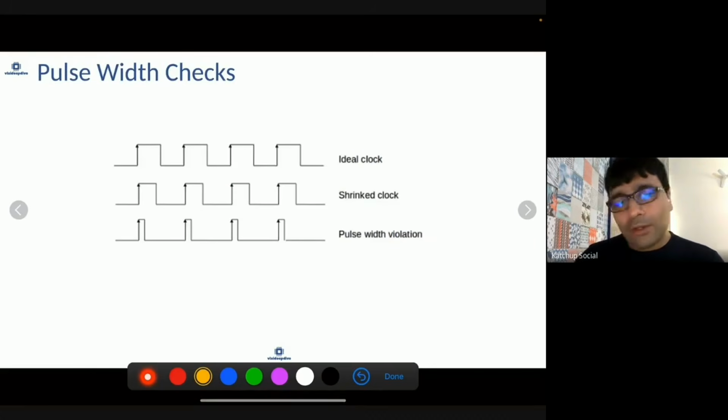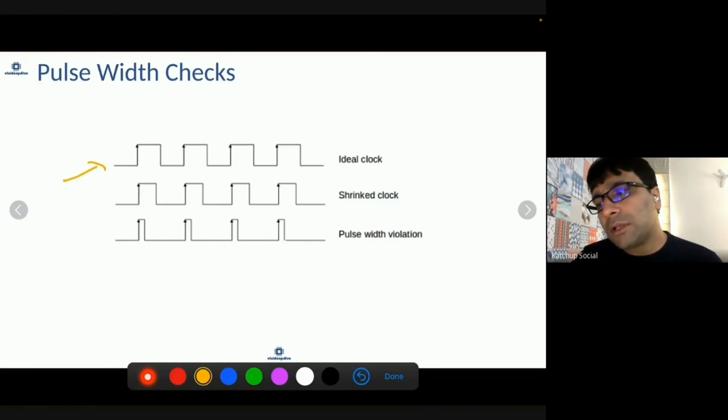In addition to that, you also have pulse width checks. Let's say you have your original clock pulse like this. As the clock travels through the path, the clock pulse can change. Maybe the rise is happening at this time, the fall actually shrunk, and the high pulse is now this, the low pulse is also now this.